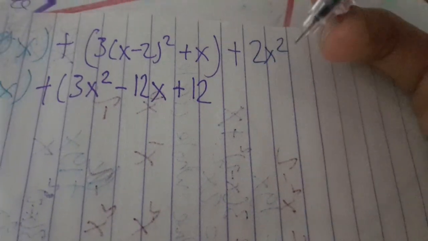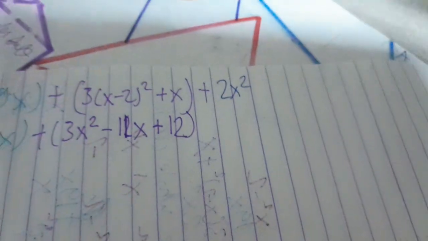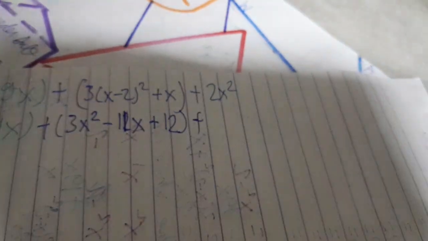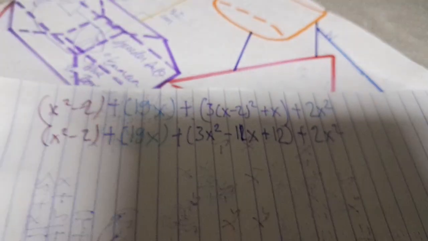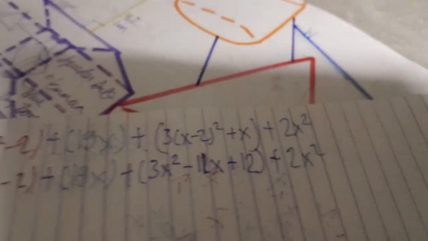That's the one we got earlier. And then, we just have to add x. So when we combine like terms, we add x: negative 12 plus 1, and that's negative 11x. So this is the simplified form. And then, the last one is 2x squared.